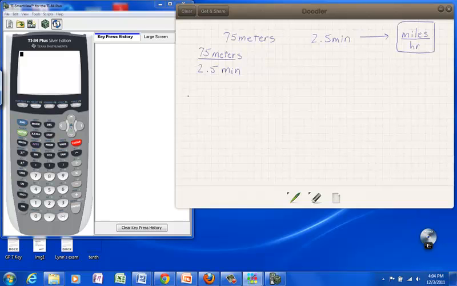So looking through, I find this fact that I think will be useful. But this fact uses kilometers, and I started out with meters. So I need some more facts up here.